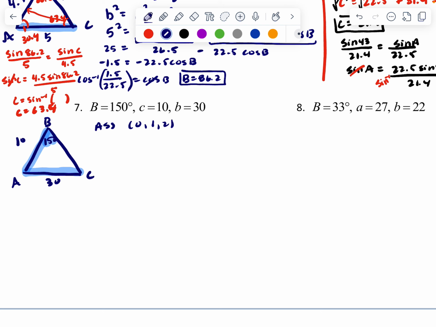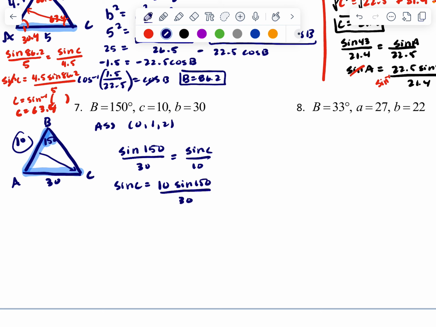So let's go ahead and do this one. I'm just going to start solving. I'm going to go sine of 150 over 30 equals, and you guys, I'm forced to find angle C, right? So it's sine of C over 10. So I'm going to have sine of C equals cross multiply and divide, and then take the sine inverse.